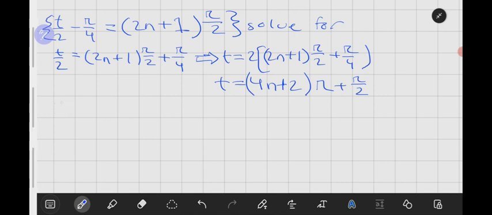We are evaluating this for the interval where t is greater than or equal to 0 and less than or equal to 4 pi, and we'll substitute t into this equality to further evaluate and find our new variable, which is an integer, n.